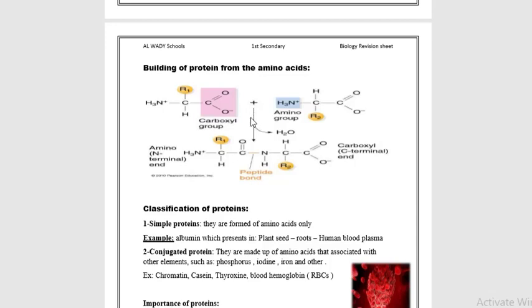What's the meaning of hydrolysis? Removing a water molecule from two neighboring amino acids. Okay, and here we find this bond, which is called a peptide bond.